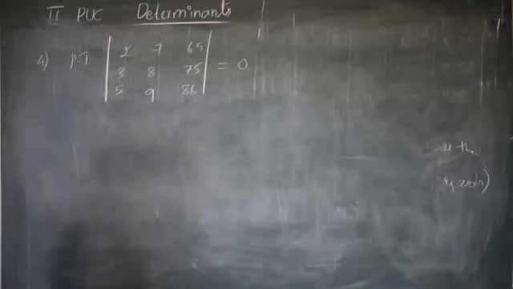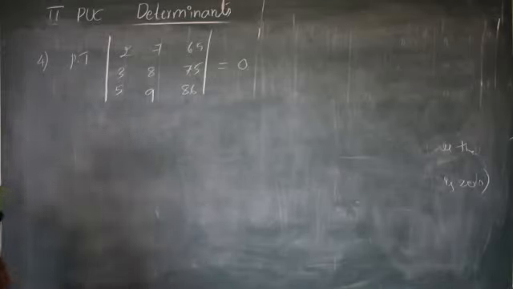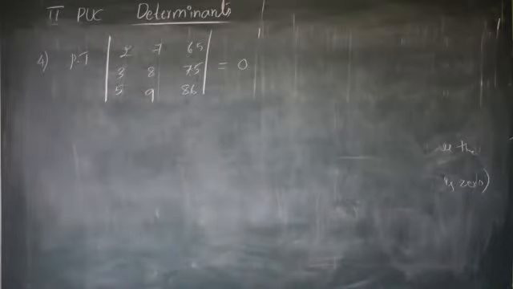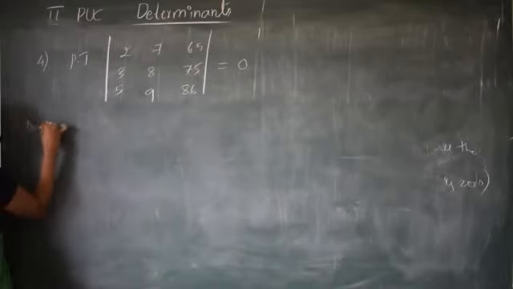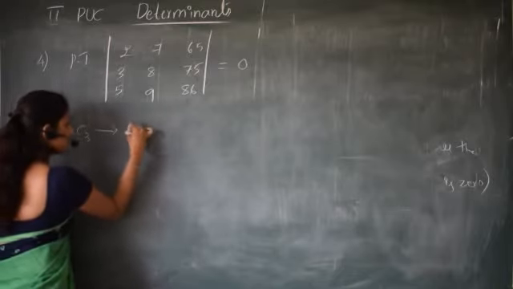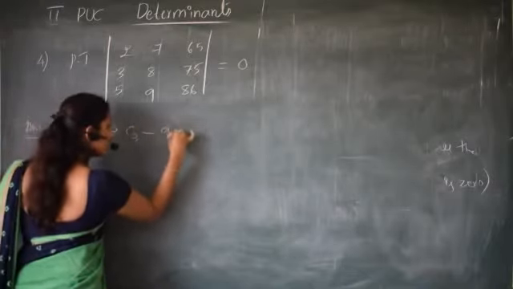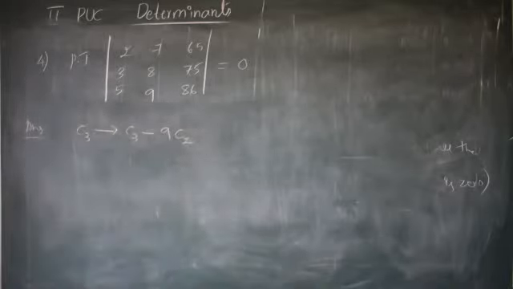Those numbers are 63, 72 and 81. So I can change C3 to C3 minus 9 into C2. I'll write C3 as C3 minus 9 C2.